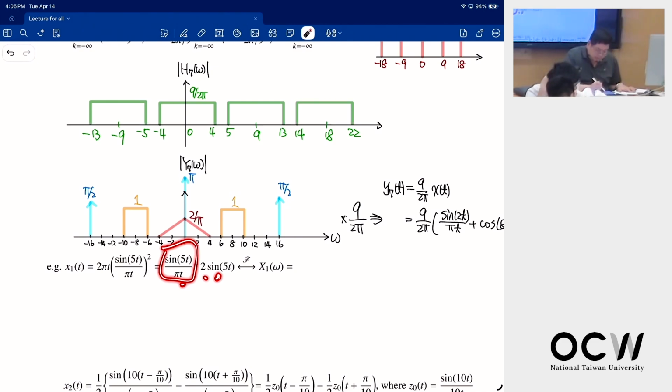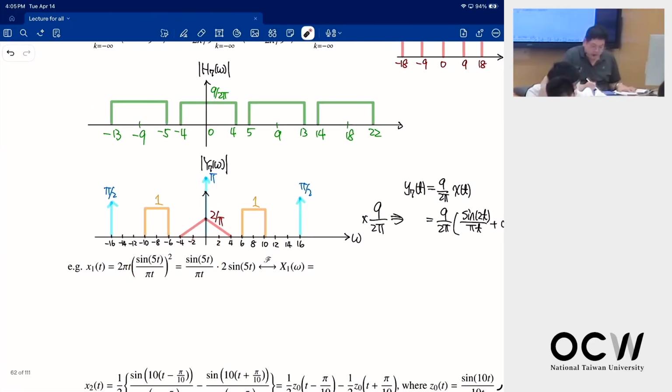Okay, because 1t will cancel out. So only one sinc function. Again, they are also doing kind of like a modulation here.